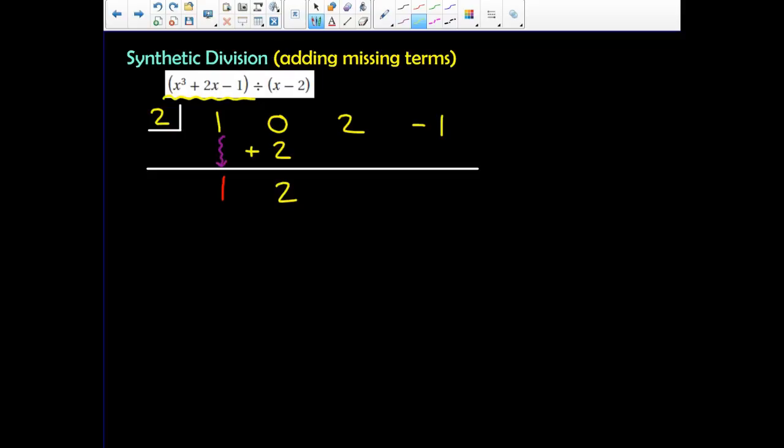Now the process is going to repeat itself. 2 times 2 is 4. And then add these together and you'll get 6. Two times 6 is 12. Add these together and you get 11.